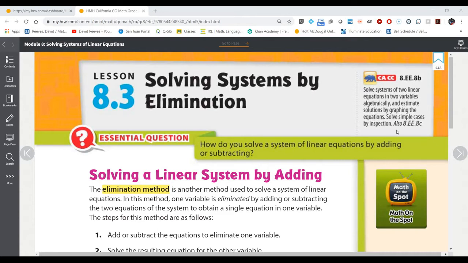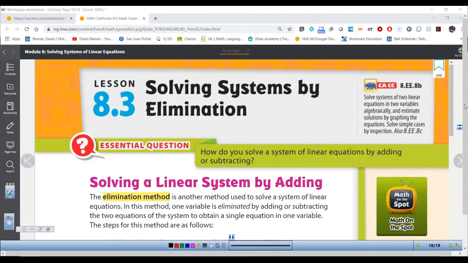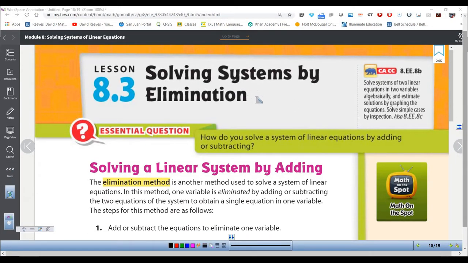In fact, I want to just show you real quick the idea behind elimination and why it works. So I'm just going to go ahead and come up with an equation, a very difficult one. 1 plus 2 equals 3. I hope you all agree that is a true equation. Then I'm going to come up with another equation. 4 plus 5 equals 9, and that is also a true equation.